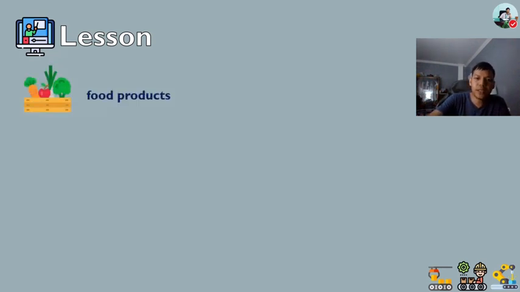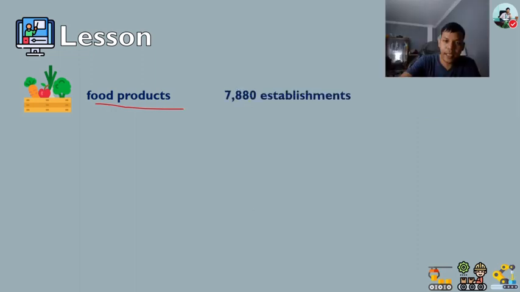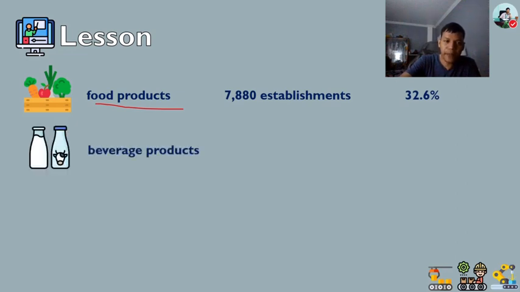Among industry groups, the manufacture of food products accounts for 7,880 establishments, or 32.6% of the total. The manufacture of beverages followed with 2,407 establishments, or 9.9%.